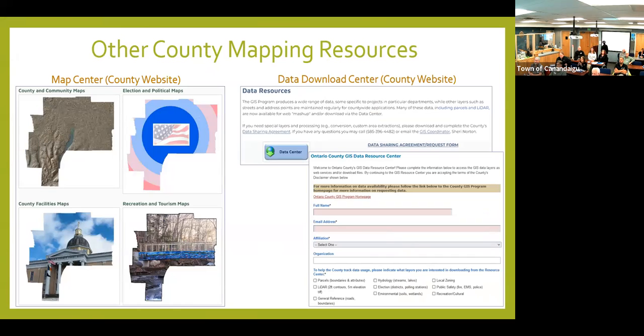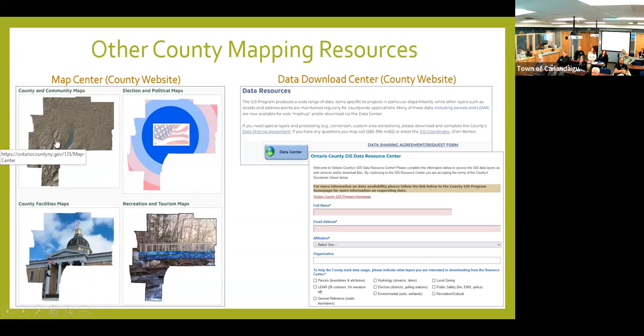So we're getting towards the end, but I just wanted to wrap up with information on, we do have traditional static PDF maps for a variety of things. They're kind of grouped by category. So we do have really nice detailed street maps for every community that are listed here.